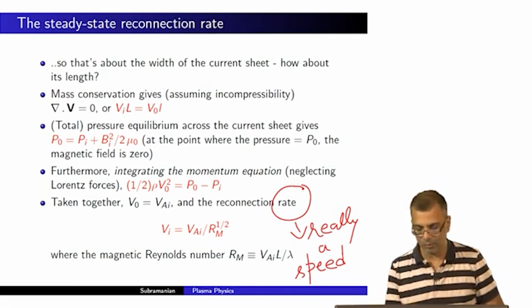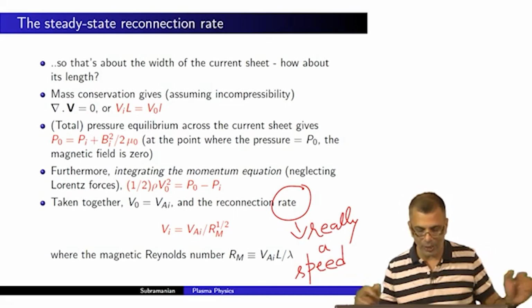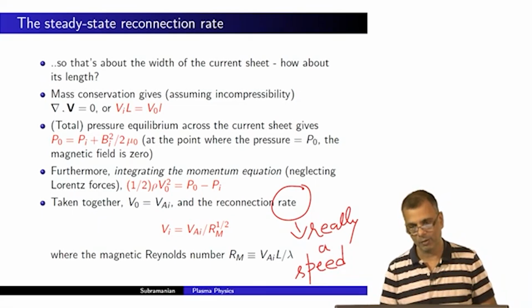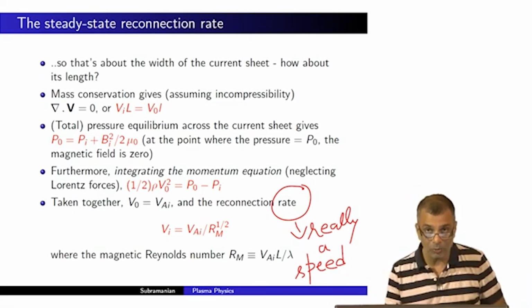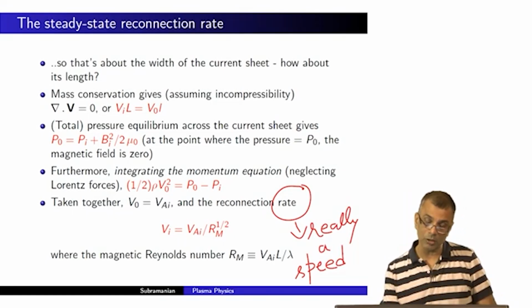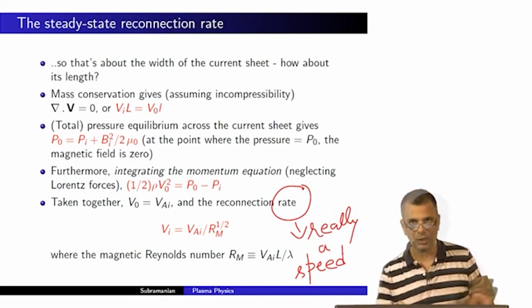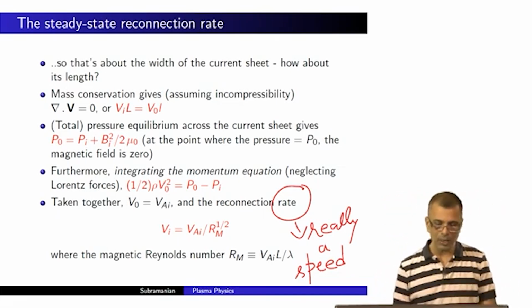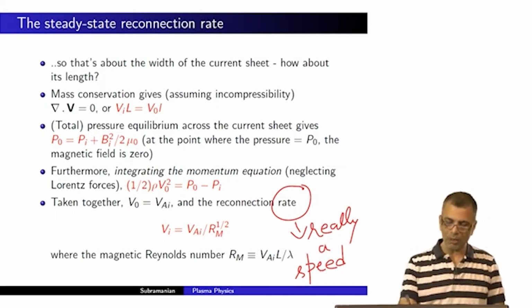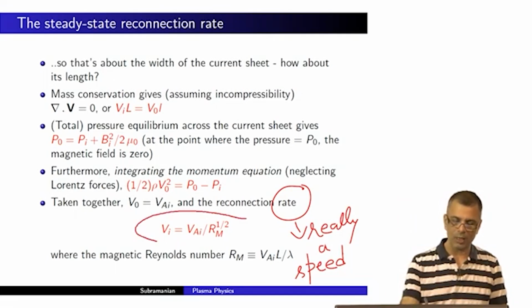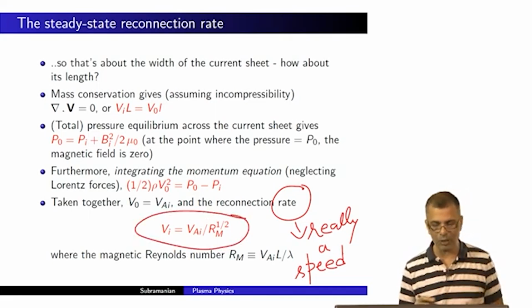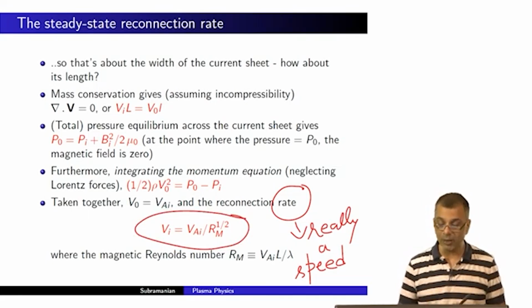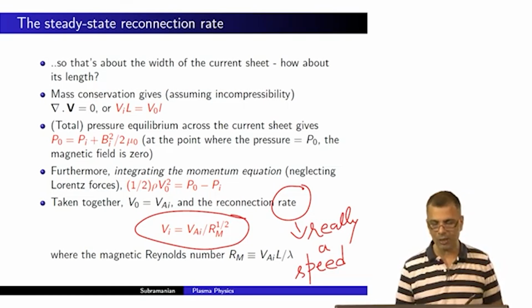The magnetic Reynolds number is defined by the Alfvén speed times the macroscopic length divided by lambda. Now if lambda is almost close to 0, the magnetic Reynolds number goes to infinity, and vice versa. If lambda is large, then the magnetic Reynolds number is small. Okay, so this is the all important reconnection rate, and this is just a quirk of the terminology. What is normally called the reconnection rate is really a reconnection speed.